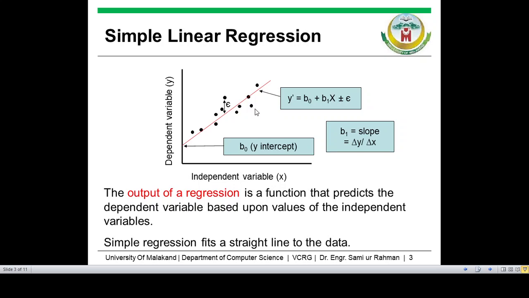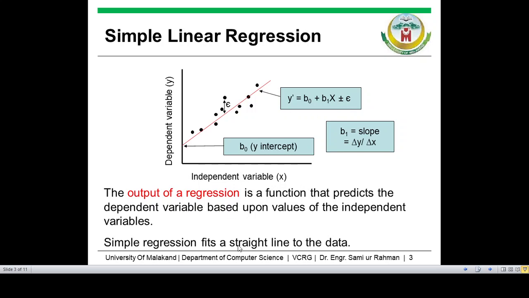We have this model, and although this model is created from these samples, we can use this model for any other input. So the output of regression is a function that predicts the dependent variable based upon values of the independent variable. The value of y is dependent on the independent variable x. If we have this x, we can easily find the value of y.